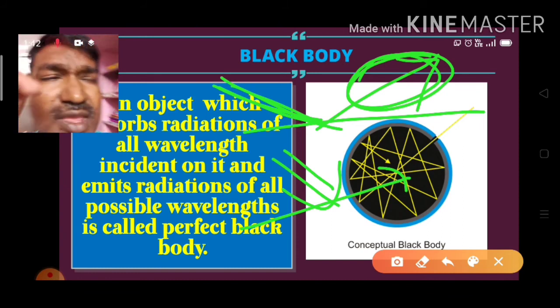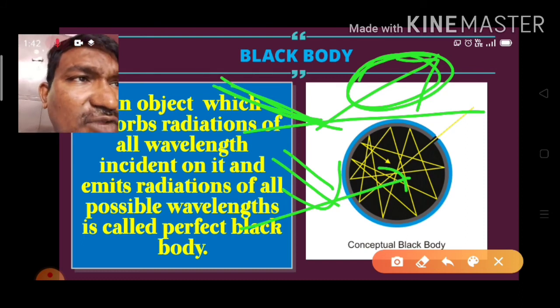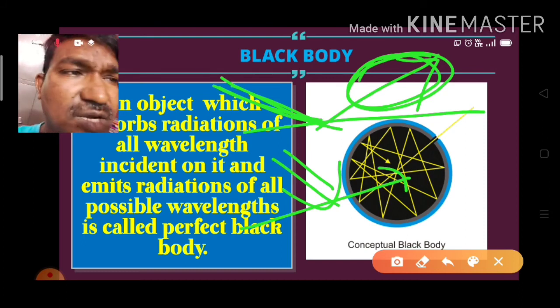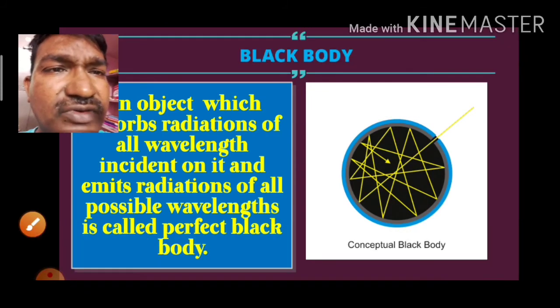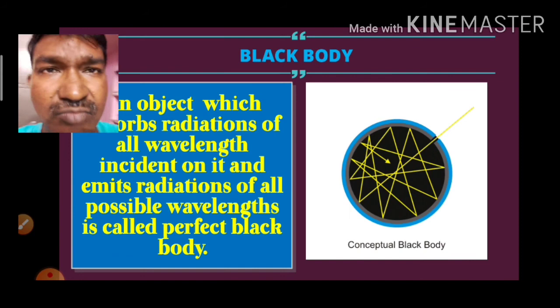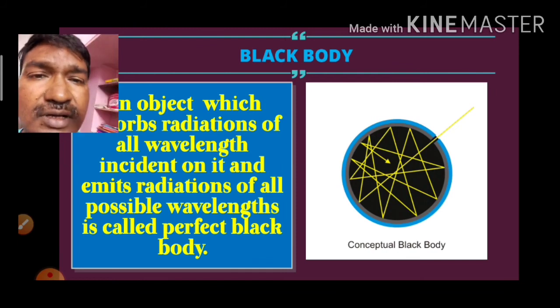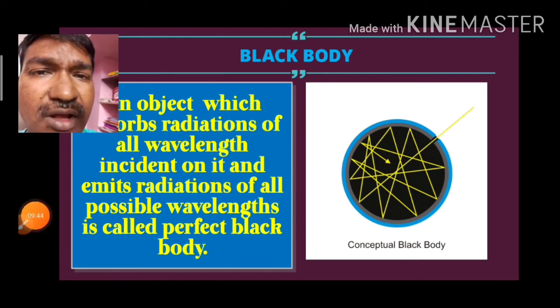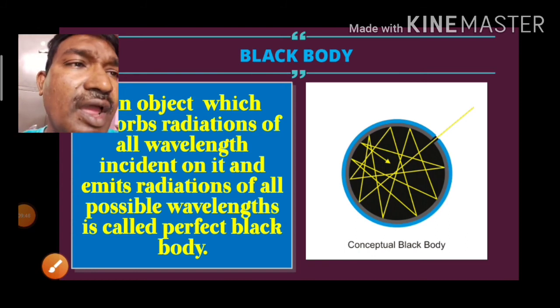And here a perfectly black body is defined as an object which absorbs radiations of all wavelengths and emits all possible wavelengths. But in nature we don't have any perfect black body, but scientists created somewhat ideal black bodies in the laboratory.